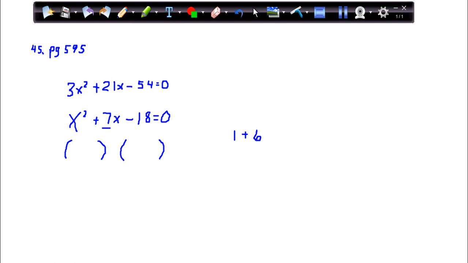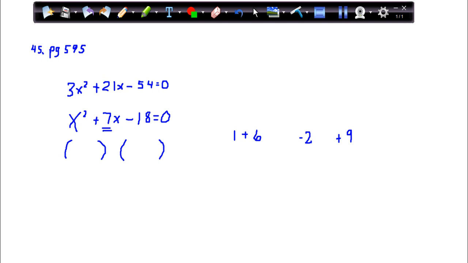But those same two numbers must be multiplied to give us a negative 18. And 1 times 6 is not 18. So let's try another set of numbers. And I believe a negative 2 and a positive 9 should fit that middle term. So negative 2 and a positive 9 is a positive 7. So that fits the middle term.